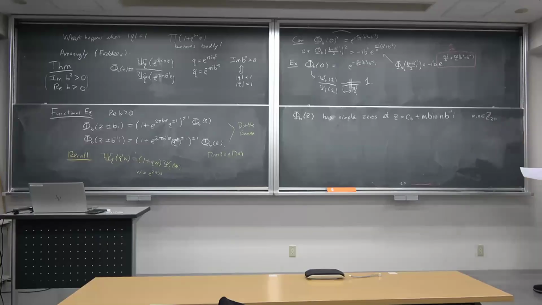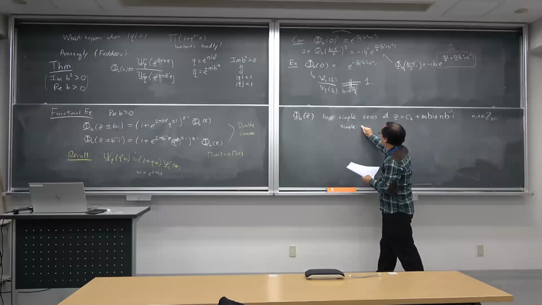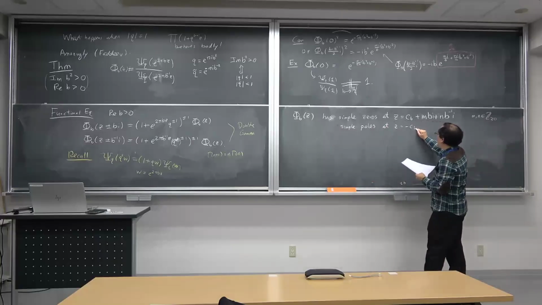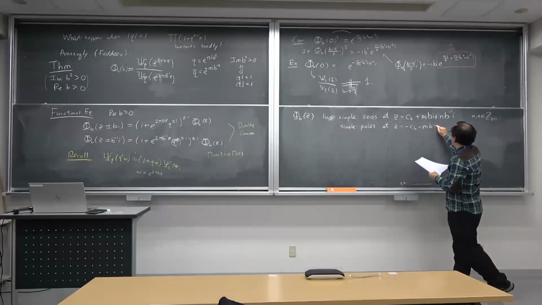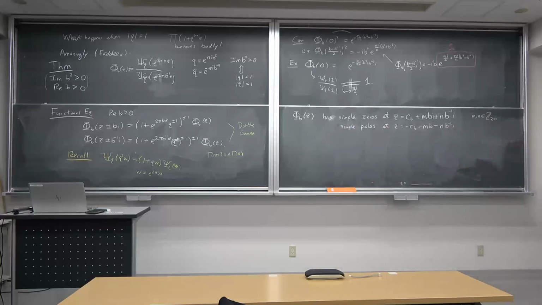Equals. And simple poles, yeah. So it uses the fact that B minus B inverse is non-zero.